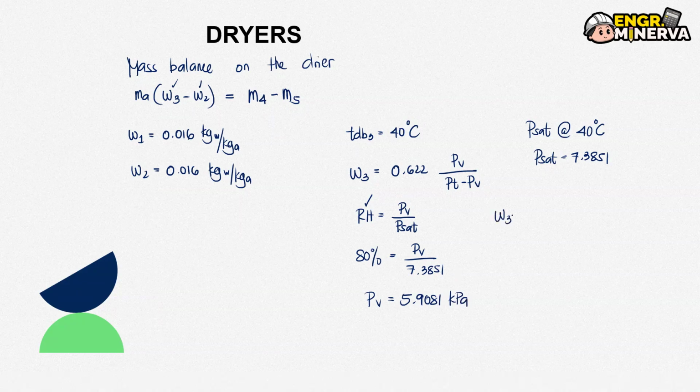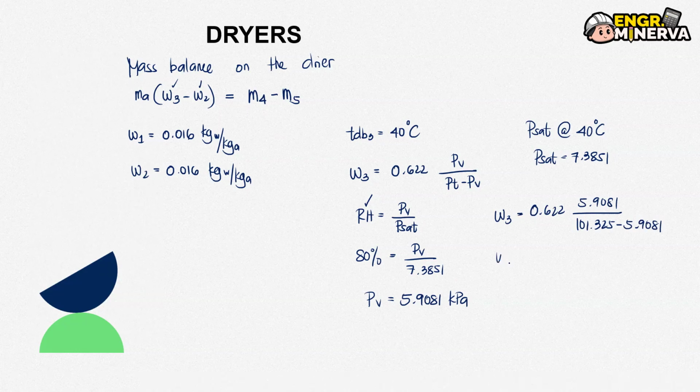Then the humidity ratio at 3 is 0.622 multiplied by 5.9081 over 101.325, because that is the standard pressure.